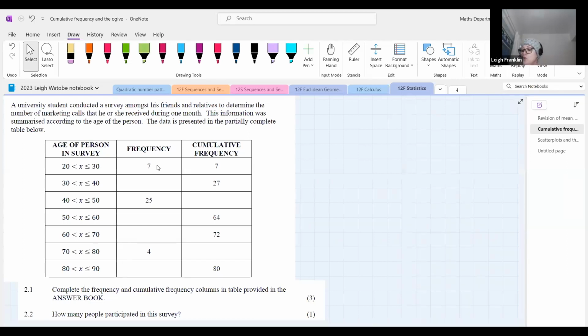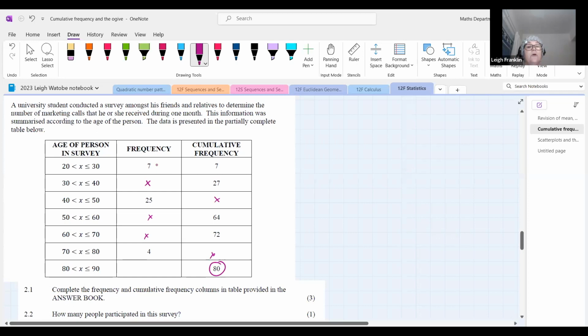So you would need to work out what goes in this block over here, for example, and what goes in this block over here, and what goes in that block there. They could do that. So there is your cumulative frequency. That is your frequency column as well. Remember they've got to add up to the same thing. Okay, so let's go back and have a look.